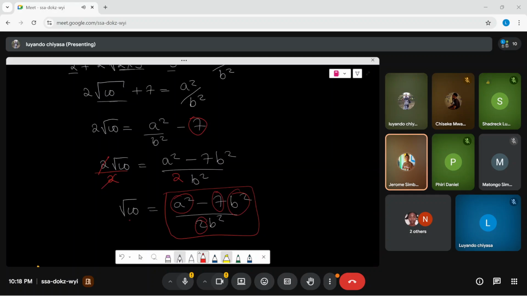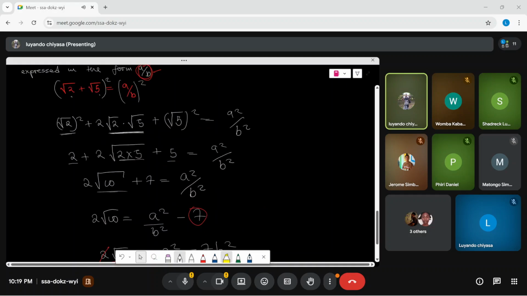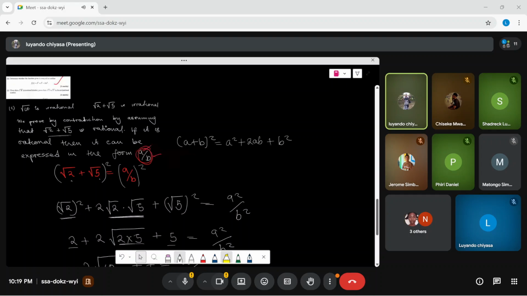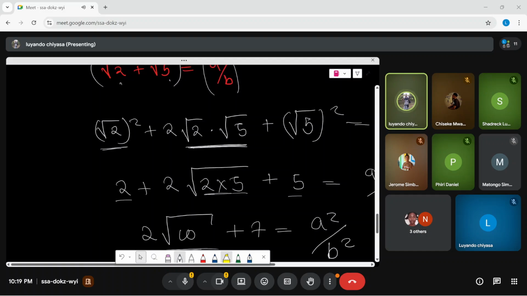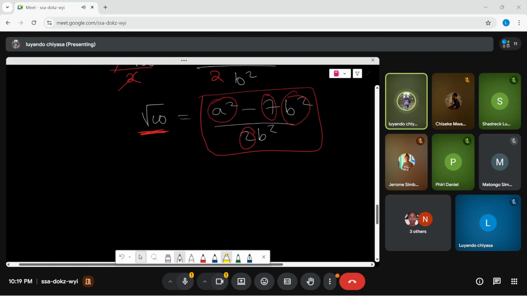Yes, sir. But what we have here, this side is irrational according to what we have been told in the question statement. The question statement says that given that root 10 is irrational. So we know from the question statement that root 10 is what? Irrational.